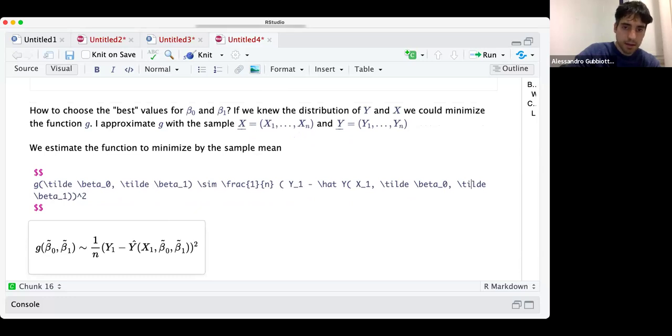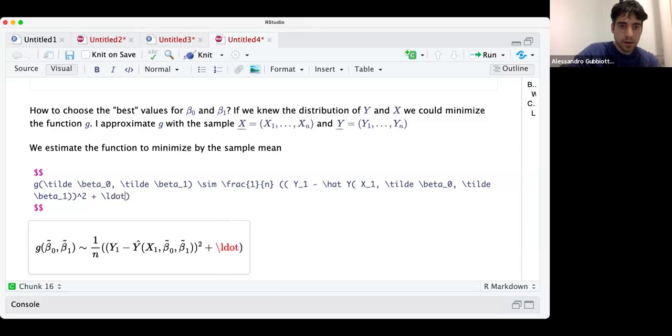This is the first residual. And then I have to sum everything, each residual. I need to put here a parenthesis. And I need to do this for each point, so also the last point, yn minus the prediction.